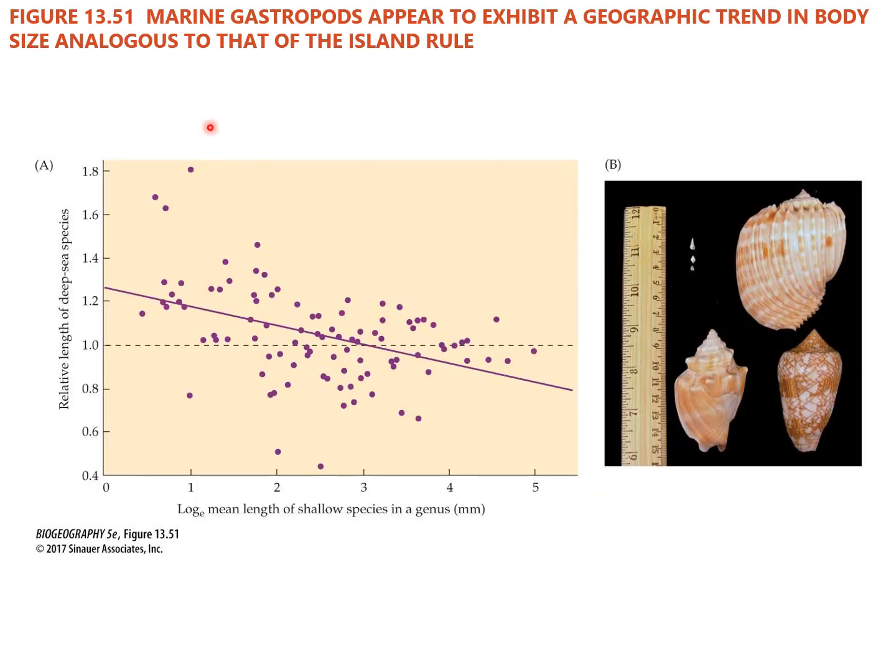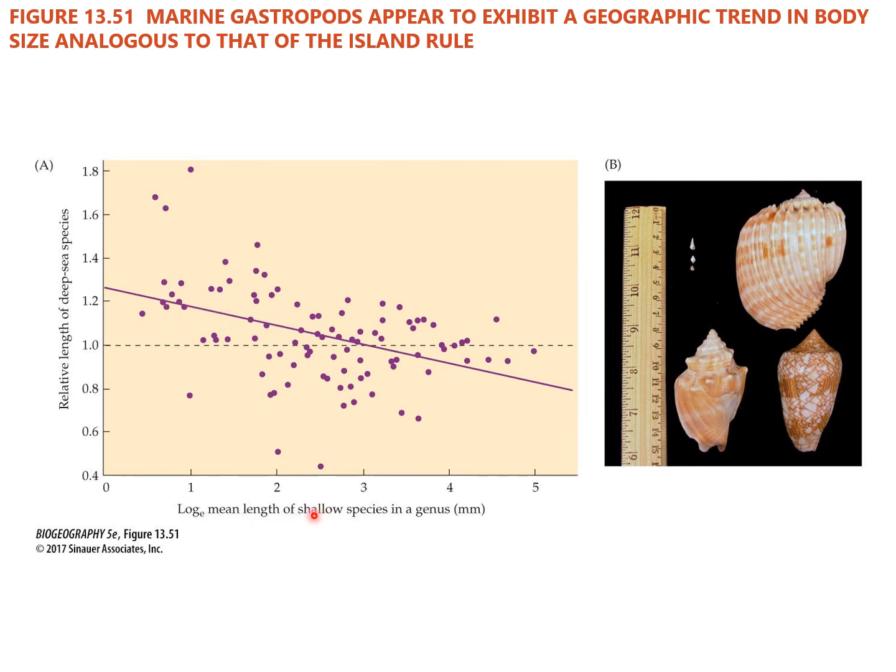Interestingly, we see this scenario not just in islands, but in any sort of isolated thing. We have marine gastropods here exhibiting the geographic trend in body size that's analogous to the island rule.